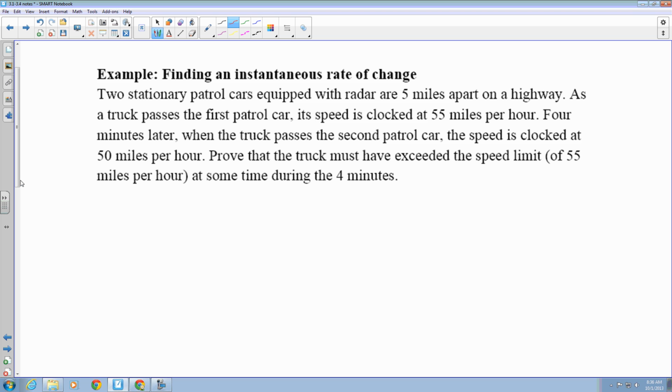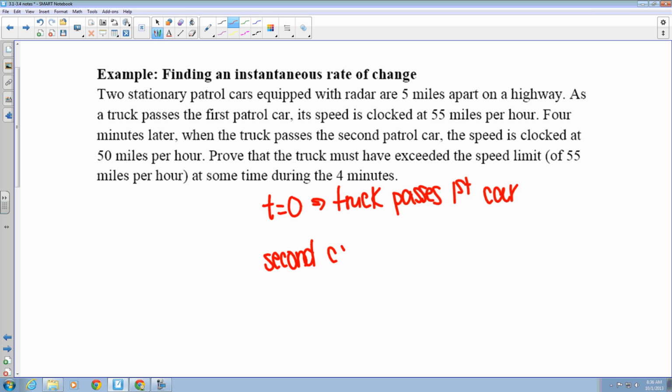So we're going to start by saying that t equals 0 is when the truck passes the first car, and the second car, since we're dealing with miles per hour, it's going to be easier. Instead of using 4 minutes, we need to change that into an hour. 4 minutes, 4 over 60, is 1/15 of an hour.